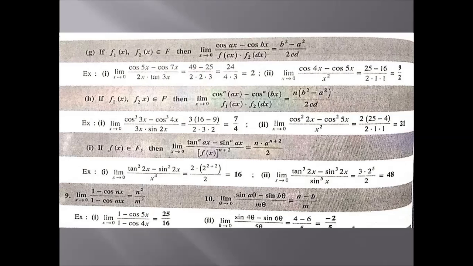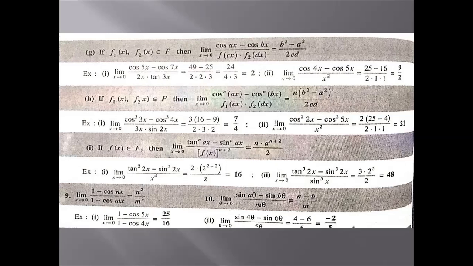If f of x belongs to F, then limit x tending to 0 of tan raised to n of ax minus sin raised to n of ax divided by f of x to the power n plus 2 is equal to n times a to the power n plus 2 divided by 2. For example, limit x tending to 0 of tan square of 2x minus sin square of 2x by x raised to 4 is equal to 2 times 2 to the power 2 plus 2 divided by 2.